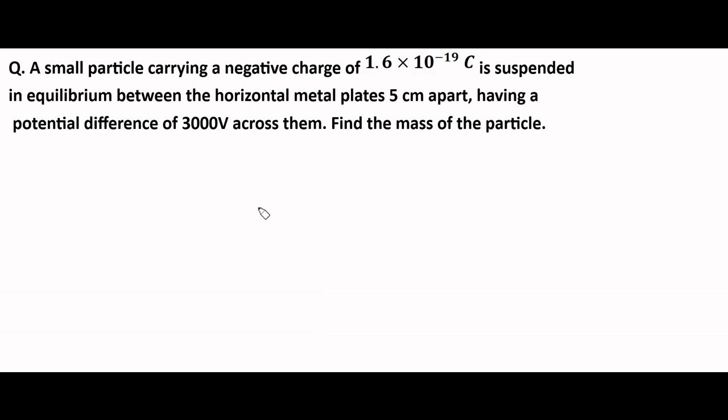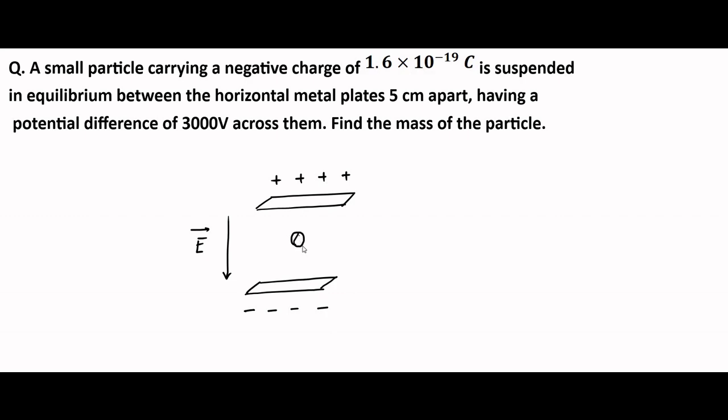Okay, this is given. So here we have 2 metal plates, where let's say this is the positively charged metal plate and this is the negatively charged metal plate. So the electric field will be in this direction. Here we have a negative charge, 1.6 into 10 to the power minus 19 coulomb, that is the charge on the particle.